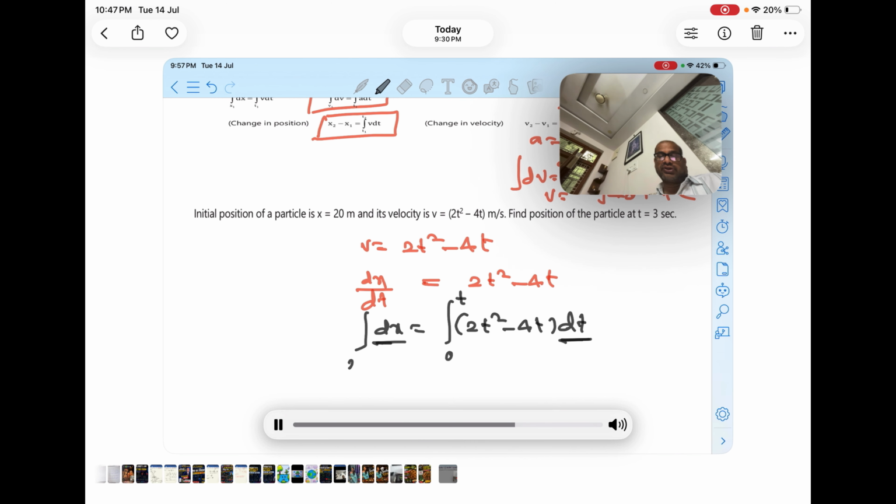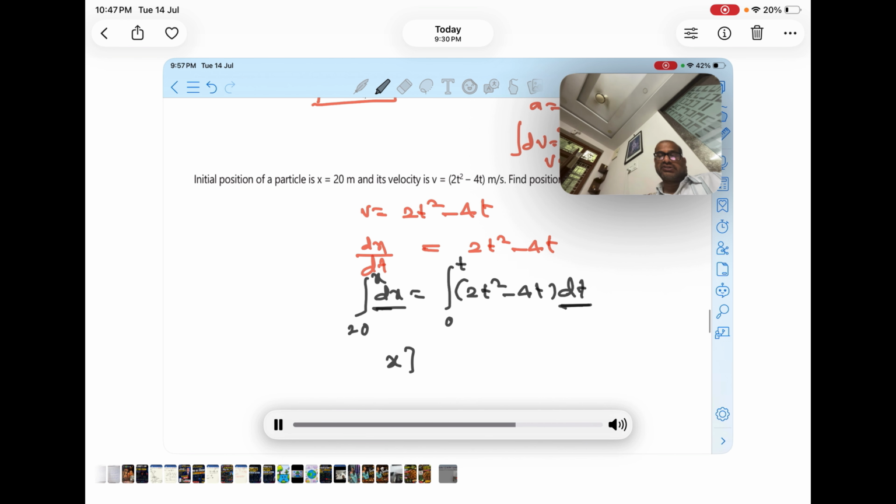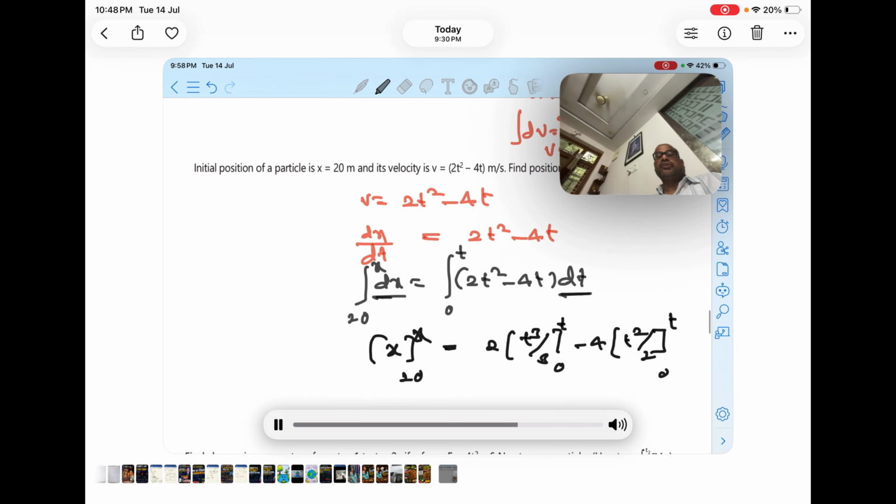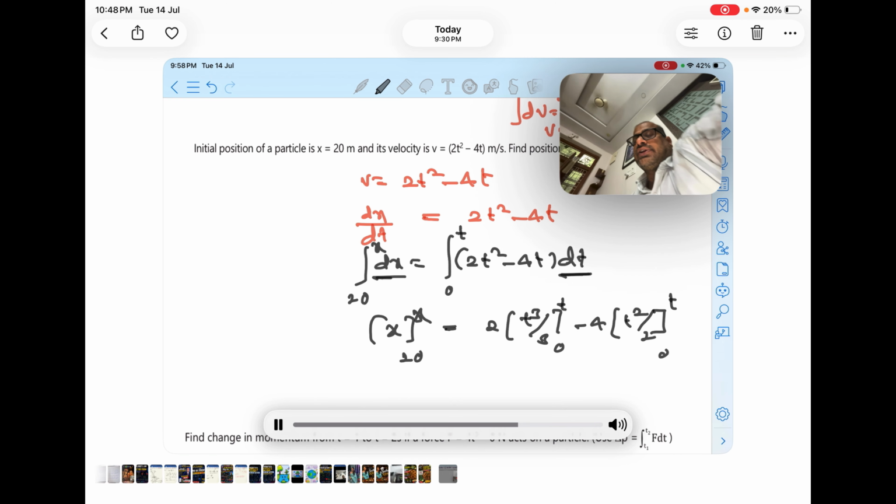So integration of dx is x, limit changing from 20 to x. 2 into integration of t^2 is t^3/3, minus 4 into integration of t is t^2/2, limit from 0 to t. So if we integrate velocity, what we are getting? We are getting displacement or position, isn't it?